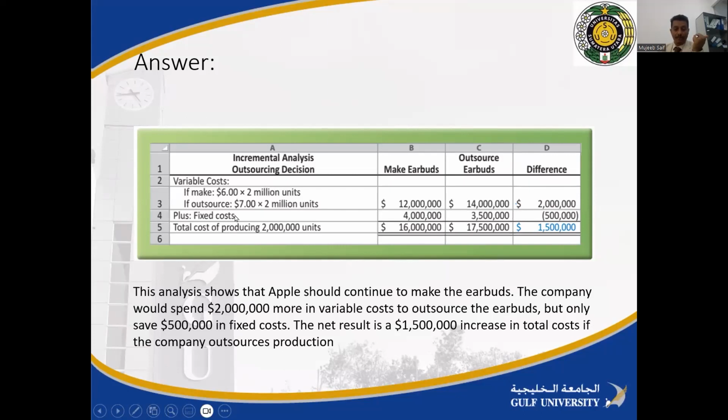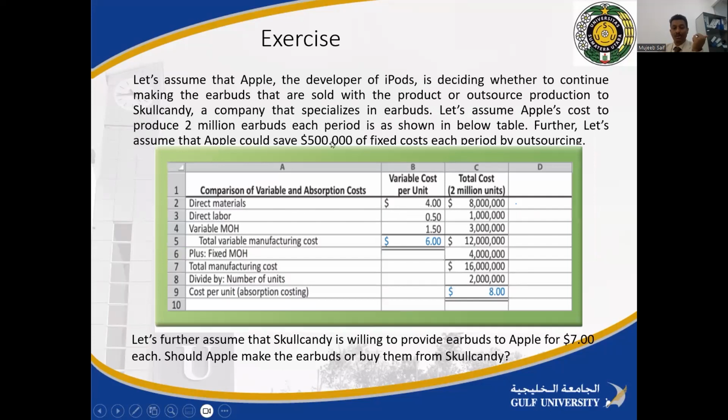Regarding the fixed cost, if we continue making these earbuds in our organization, it is mentioned in the question here, fixed cost is 4 million. We have to pay 4 million. If we purchase it from outside, also as mentioned in the question, regarding the fixed costs, we will not avoid the whole amount. We will only avoid 500,000.